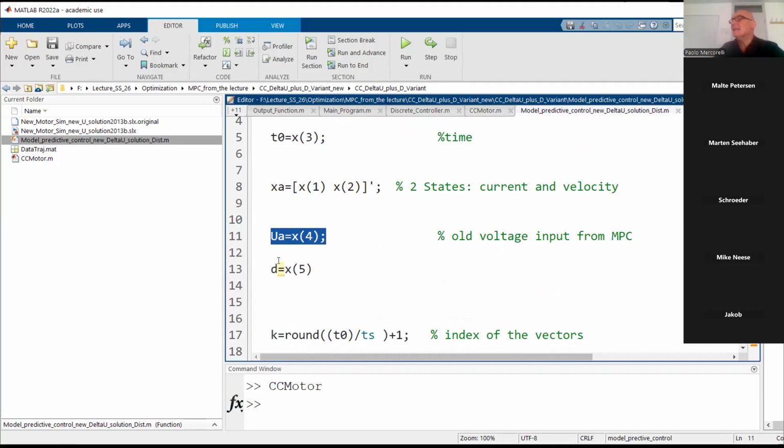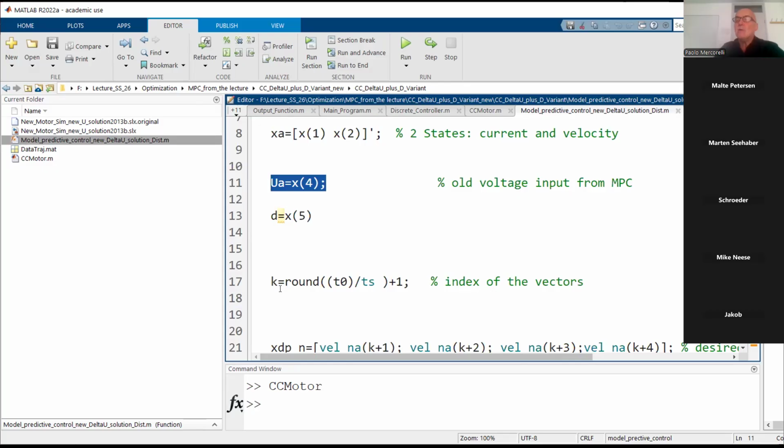In our case we will see now a little bit better what this is. D is the disturbance. Here I round, I mean, I will build this integer. Let me say counter. It could also be better organized, but I didn't change it at this moment. It's the ramp divided by ts plus 1.